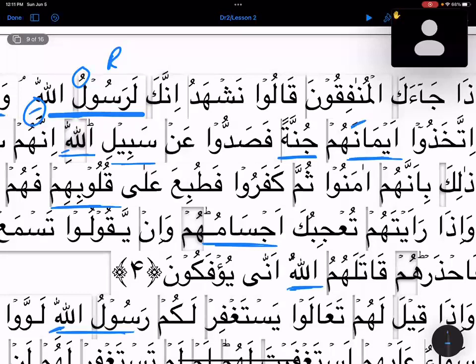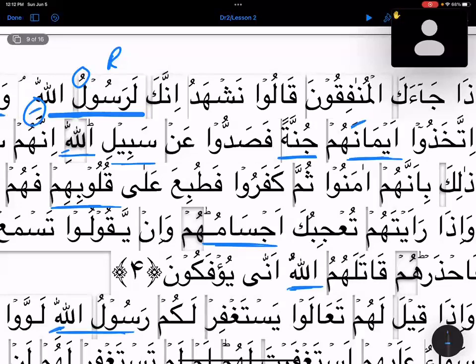So they used to make a lot of qasams. They used to swear by Allah that they are big believers, mominin. So this is what Allah subhanahu wa ta'ala is referring to over here. Aymanahum, their oath. Is this any balagha? No. Ayman is a different word and iman is a different word. So aymanahum, their oath.